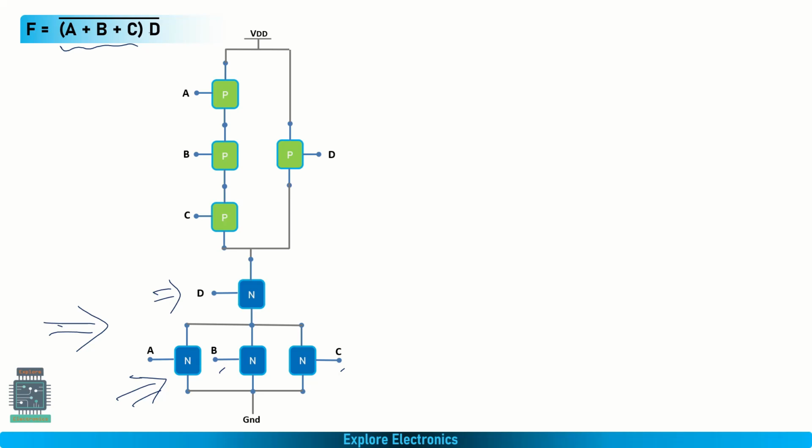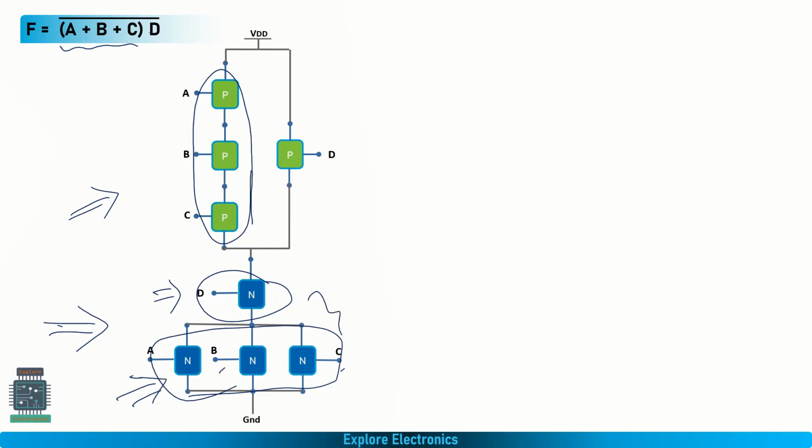And if you implement this in a pull-up network, in the P network, these 3 parallel transistors become series transistors with gate inputs A, B, C, and one transistor will be in parallel with this network.